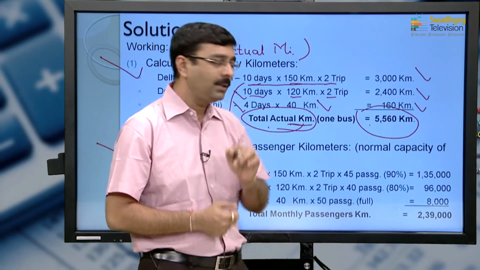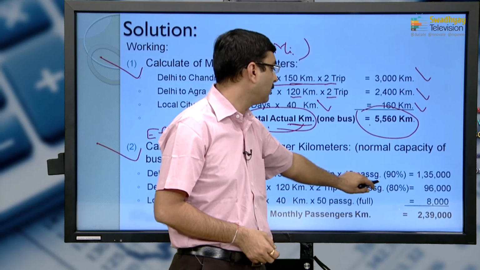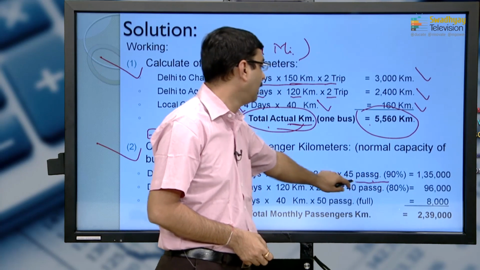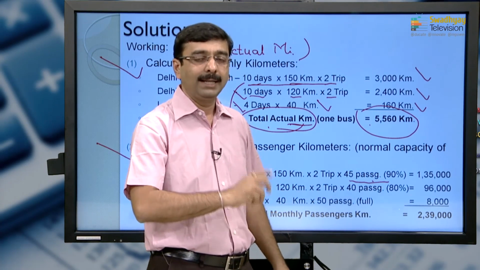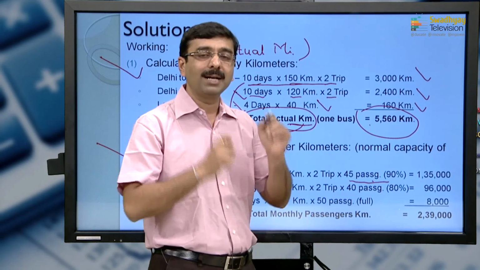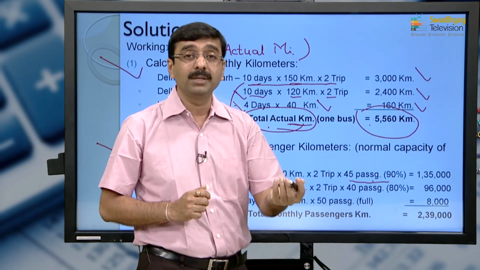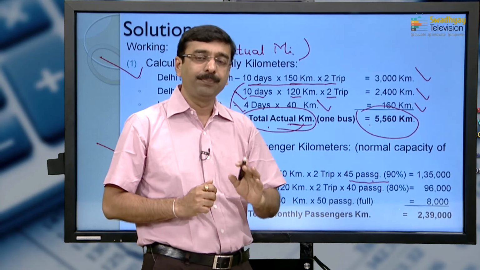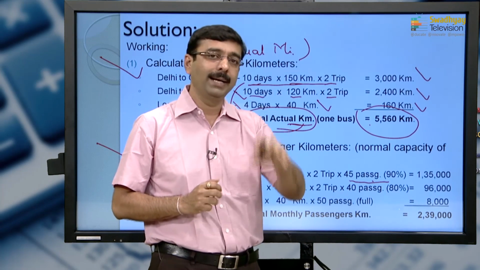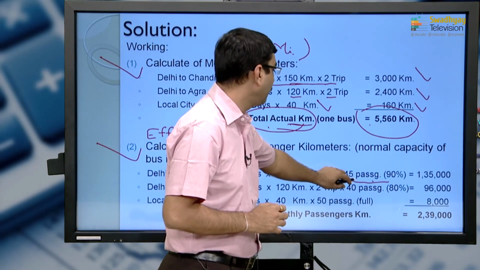So 50 passengers multiplied by 90% comes to 45. That is why 45 passengers are travelling each day, whether towards Chandigarh or coming back to Delhi. On each trip, there were 45 passengers on average for all the 10 days, and that is why we multiply by 45 passengers.